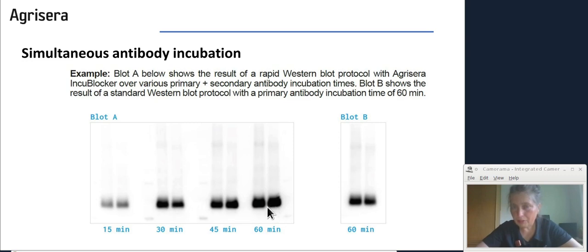So we can achieve a good signal strength while considerably shortening the Western blot procedure by cutting down several steps. We offer an IncuBlocker solution for that, and this is suitable for antibodies of high and moderate titer.